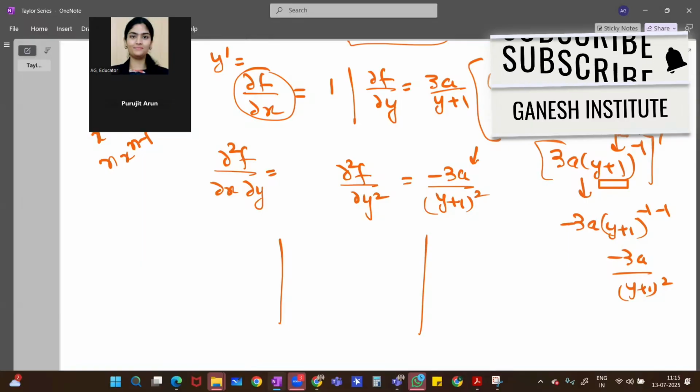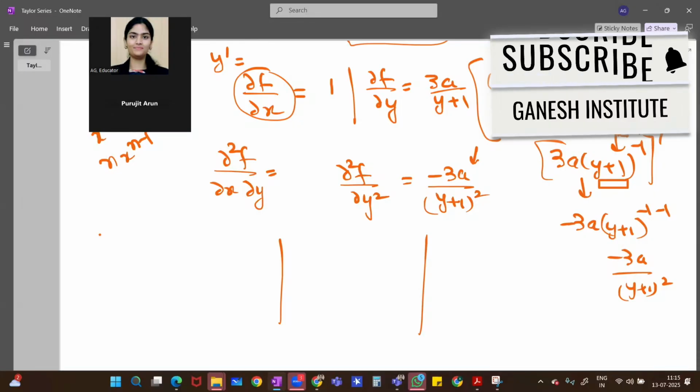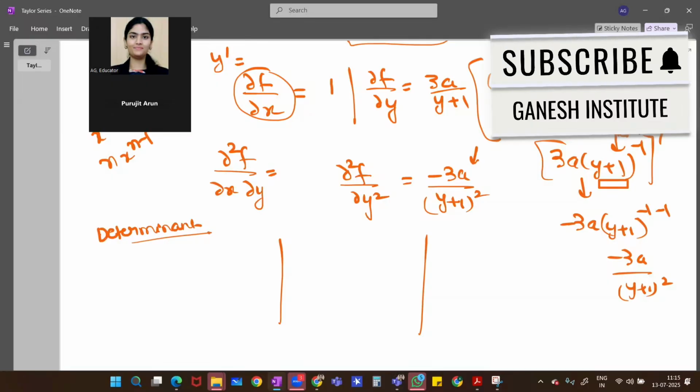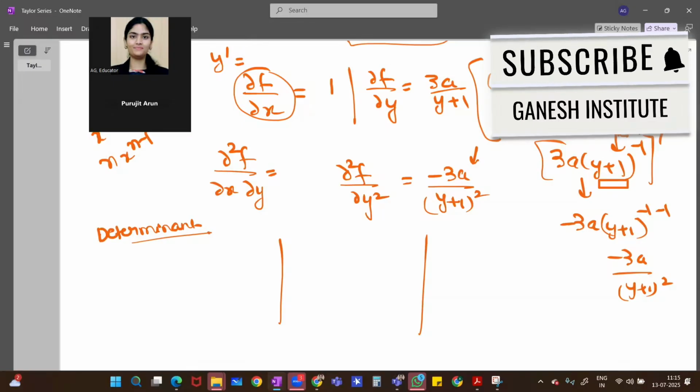Yes, we find the determinant. We make a matrix first, then we calculate the cross differentiation also. Cross partial differentiation is zero.